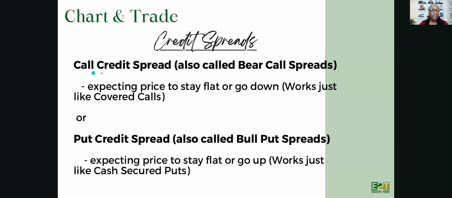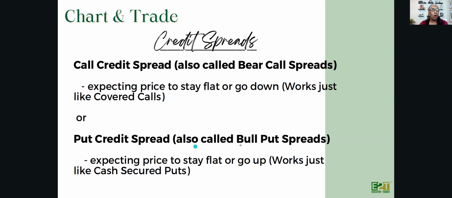But when you're selling a call, whether a covered call or a call credit spread, you're expecting the price to go down or at least stay below your strike. Expecting price to stay flat or to go down. It works just like covered calls. We talked about covered calls last week where we were expecting price to stay below a certain strike. Same thing is happening with call credit spreads.